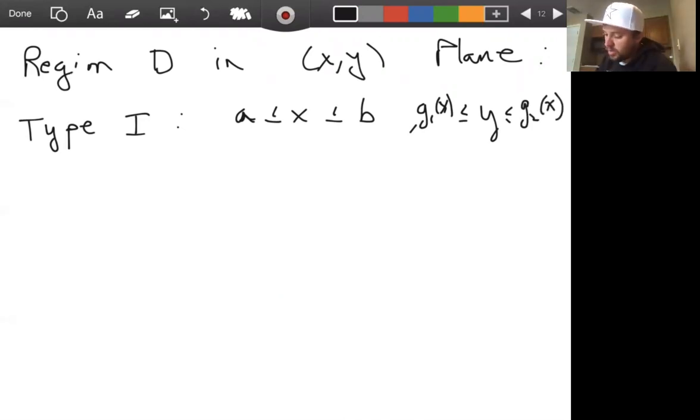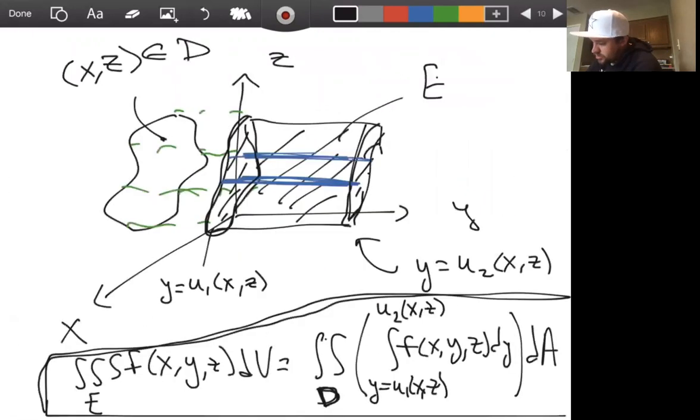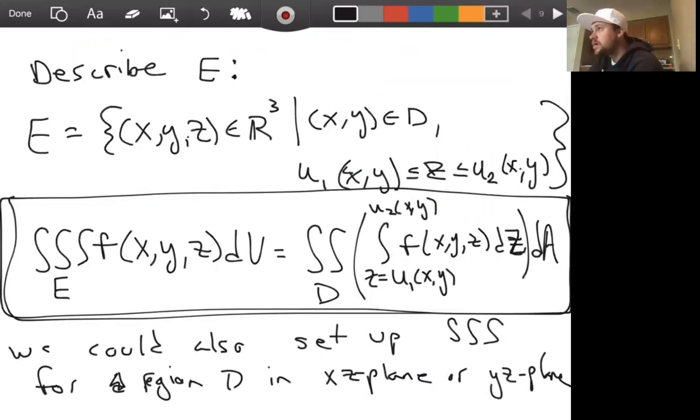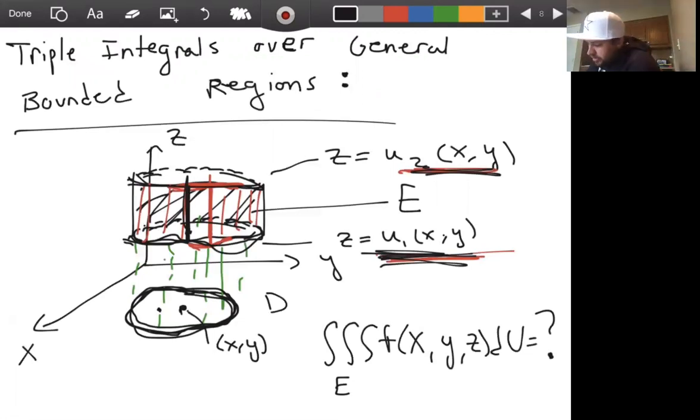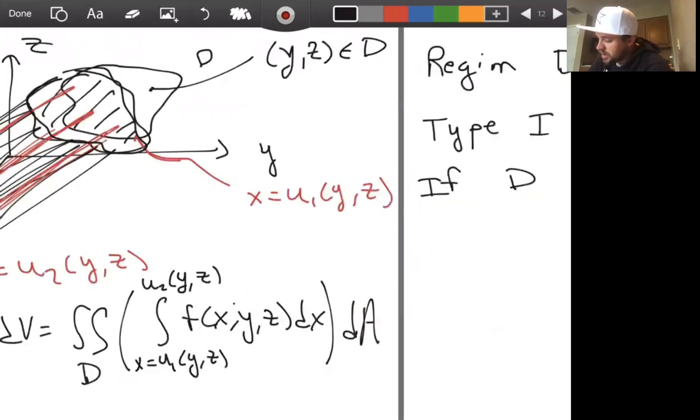And so if D is type 1, then we're looking back to this formula here, right? And now we have z going from u1 of xy to u2 of xy. Well, if D is of type 1, then we can express this.